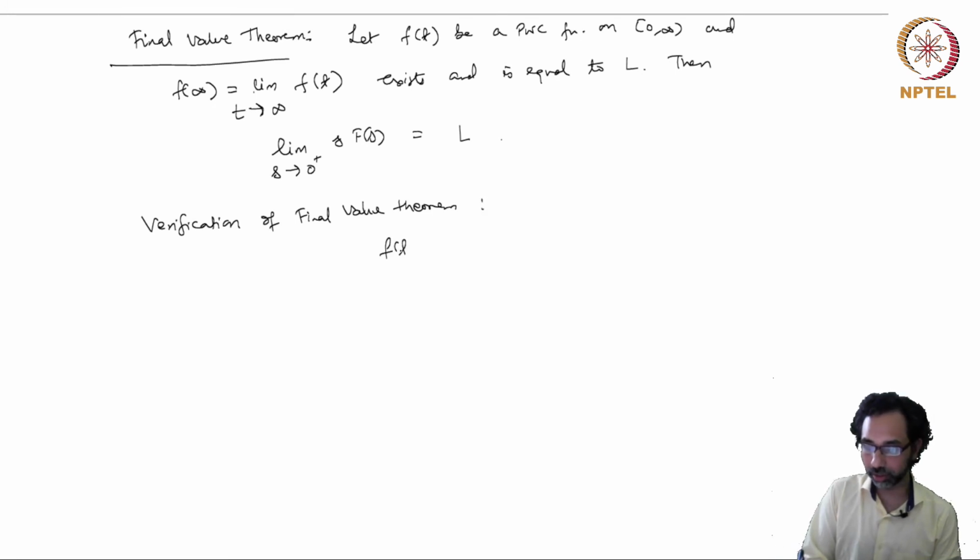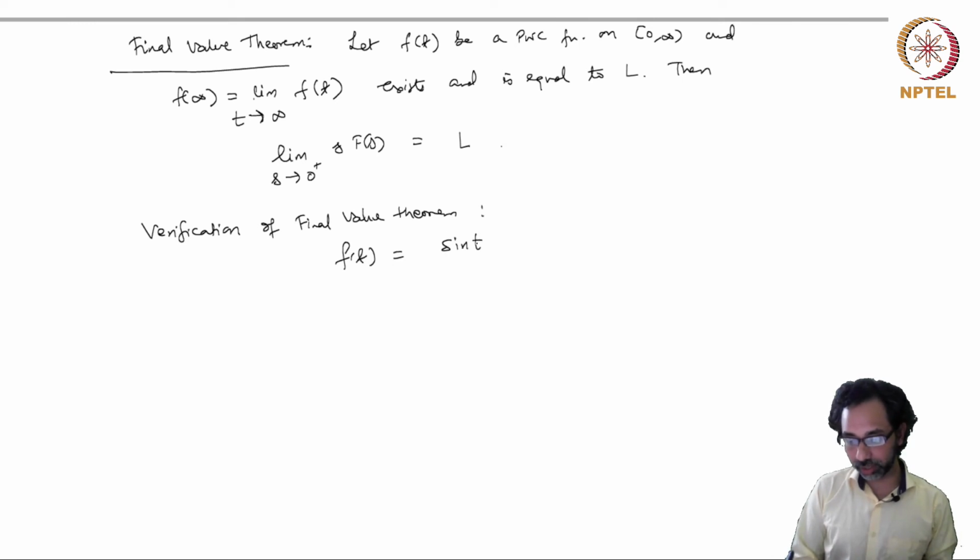So let me take f(t) to be sin t over t, and we know that the Laplace transform of this function is nothing but tan inverse of 1 over s for s greater than 0.